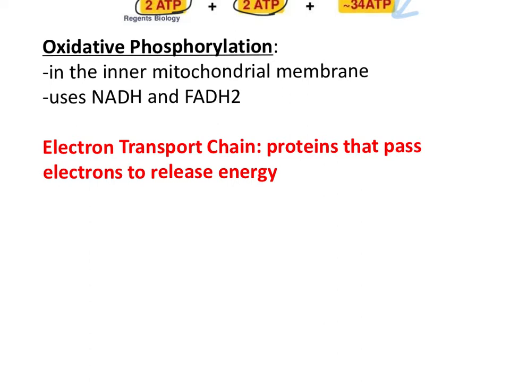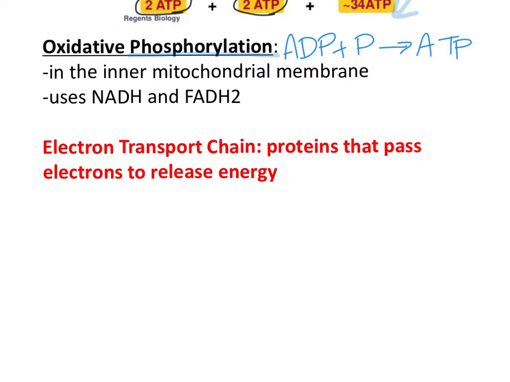The phosphorylation part comes from the fact that we are going to phosphorylate ADP to make ATP. The oxidative part of the word comes from something that is going to lose electrons. Remember, LEO, lose electrons, oxidation.